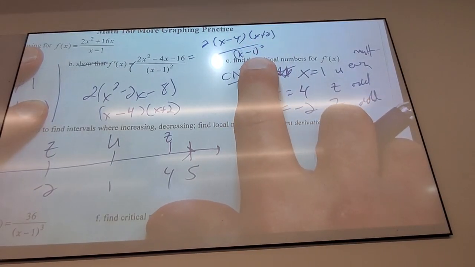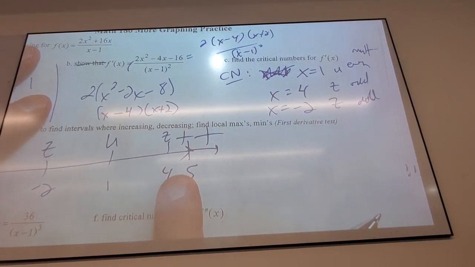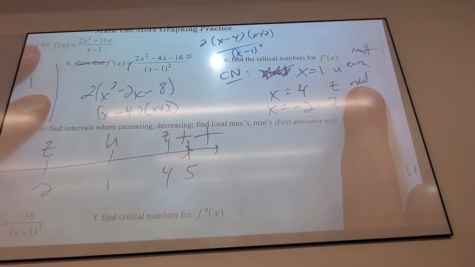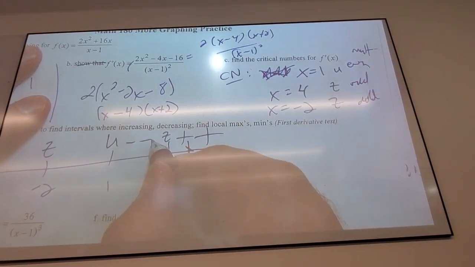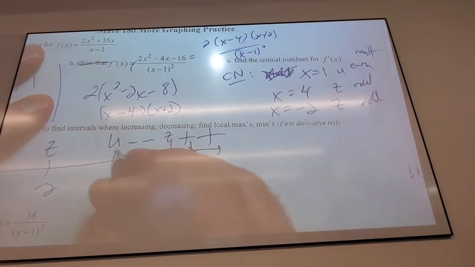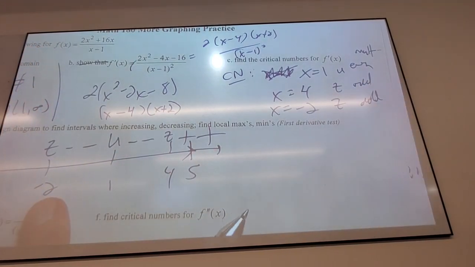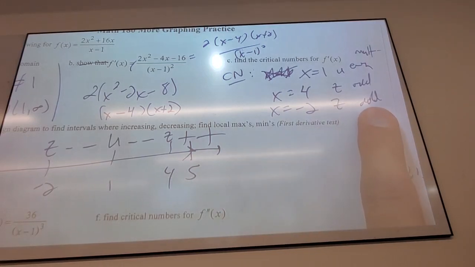Positive. Okay, good. What's it going to do around 4? Change sign. What's it going to do around 1? Stay the same sign. It's going to bounce off, like a parabola there. And what's it going to do around -2? Change sign.